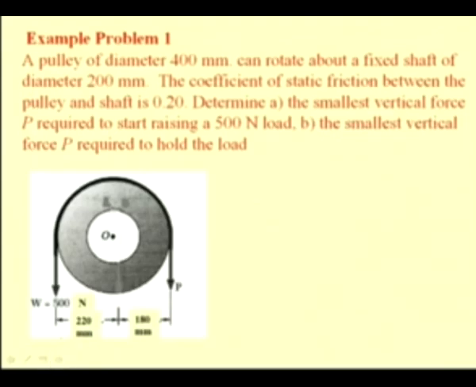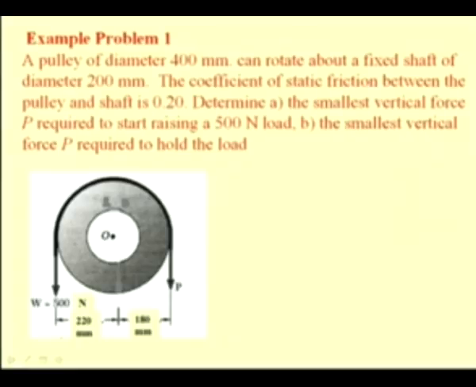Let us take one example problem and see how we solve the problem of these journal bearings. Here you see a pulley supported on a shaft at O. The diameter of the pulley is given as 400 mm and it can rotate about a fixed shaft of diameter 200 mm.